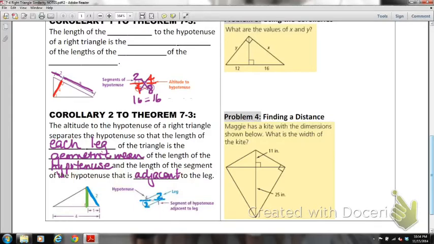So we put that in the means positions, and it's going to be the geometric mean between the whole hypotenuse, which is 4, and the length of the hypotenuse that's adjacent to that leg, which is 1. If we cross multiply, 4 equals 4. So we can see that one is set up correctly. Let's use these in the problems on the right, and that will help you understand them.